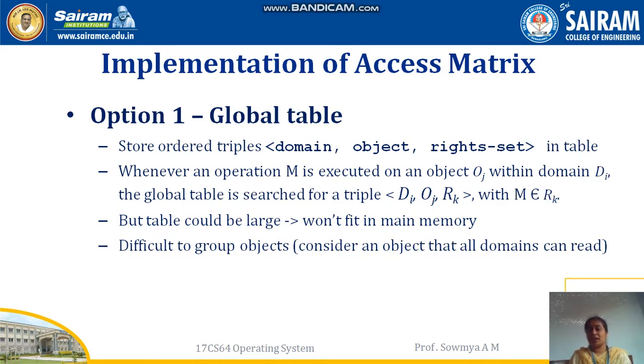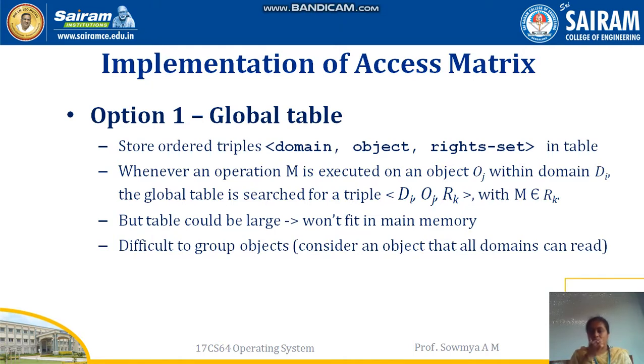Whenever operation M is executed on the object Oj within the domain Di, the global table is searched for the triplet: domain Di, object Oj and right set Rk, where M belongs to Rk.